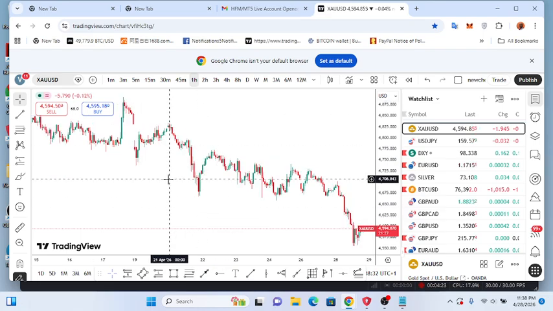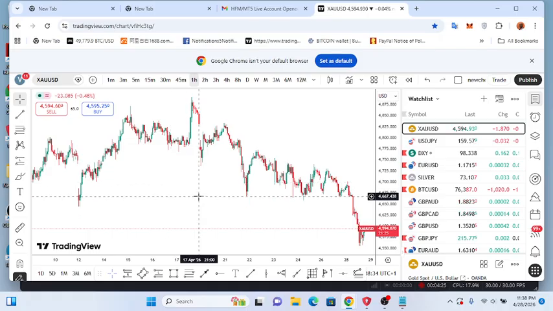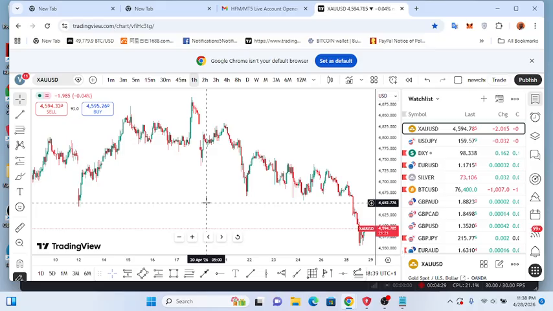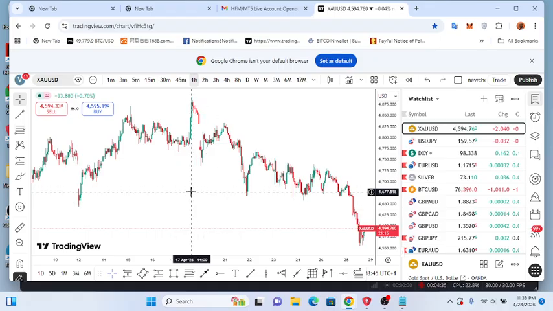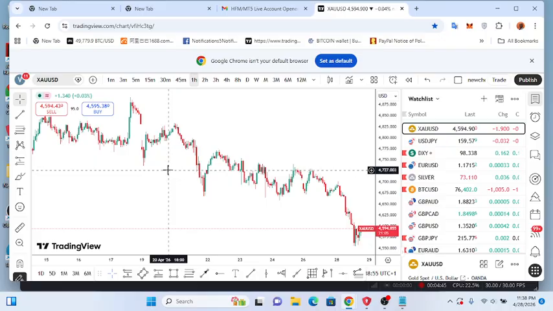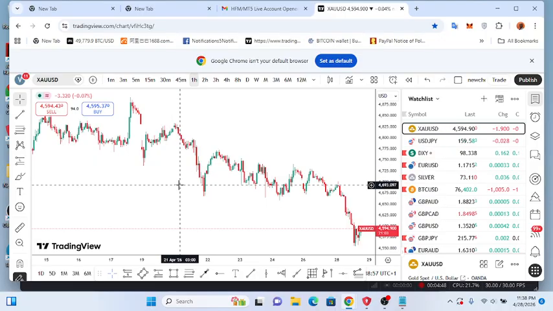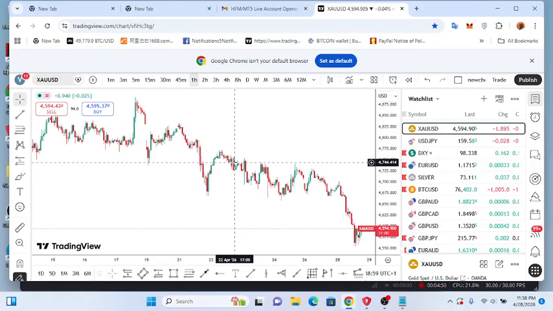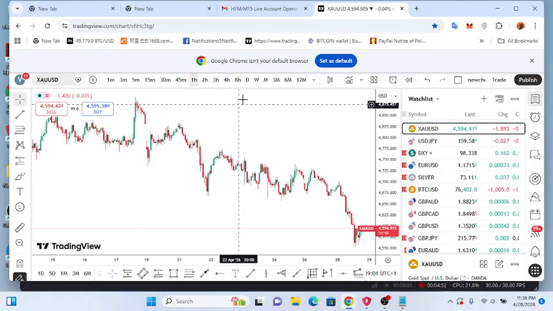However, in my fundamental and sentimental analysis, I'm expecting gold to go north. But for the past 2, 3, 4 weeks, it has been so stubborn, just deceiving traders.